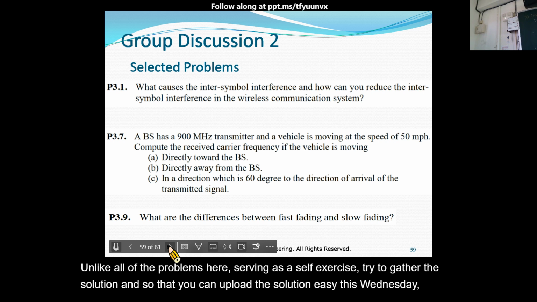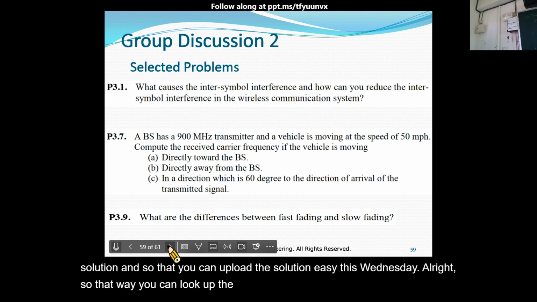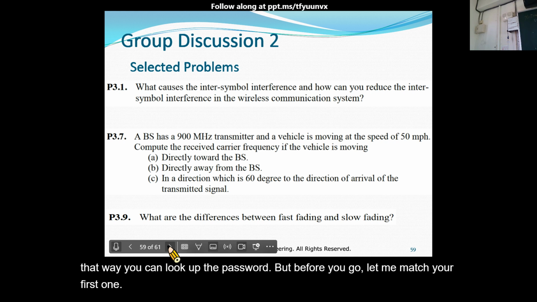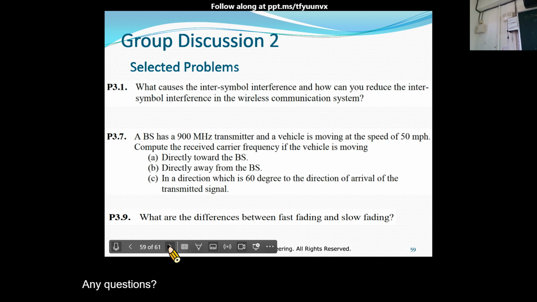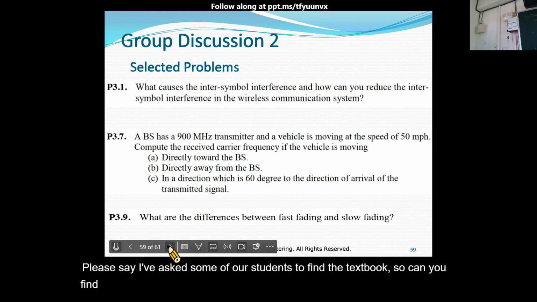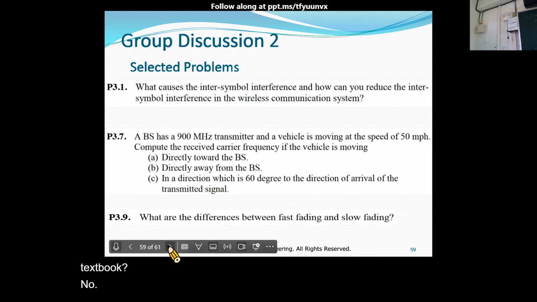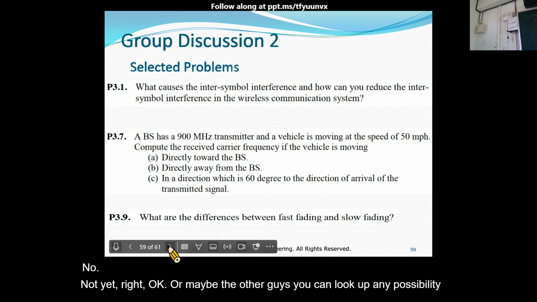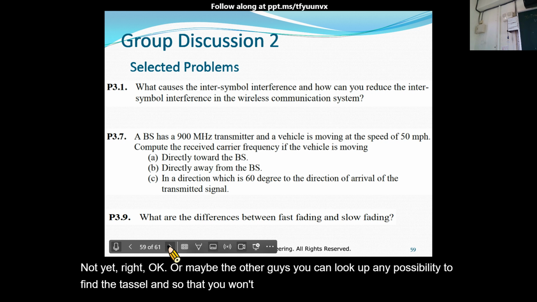You can look up the task book, but before you go, let me make sure. First one, any questions? No. Second one. Previously, I asked some of the students to find the task book. So can you find the task book? No? Not yet, right? Okay. Or maybe the others, you can look up any possibility to find the task book, so that it won't be necessary for you to buy.